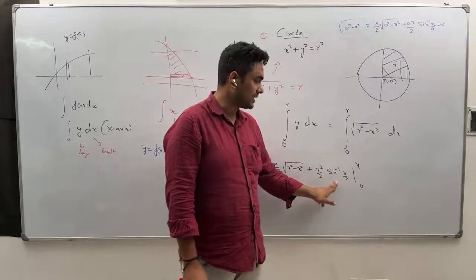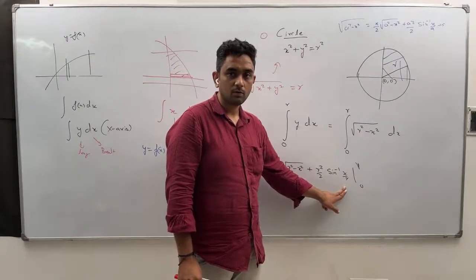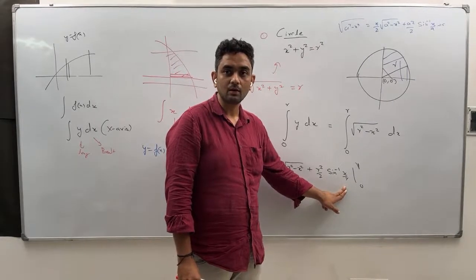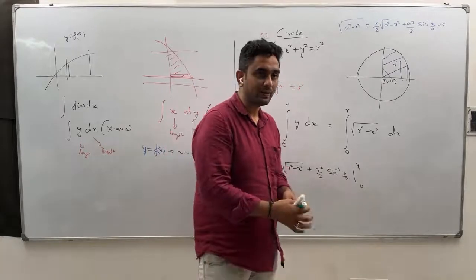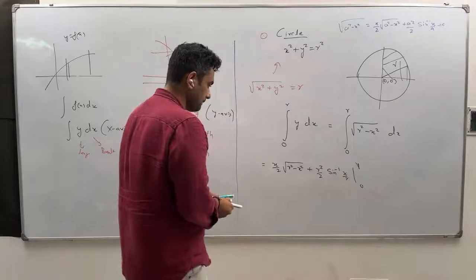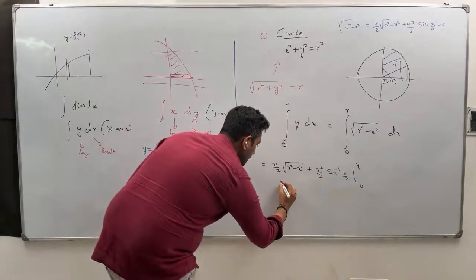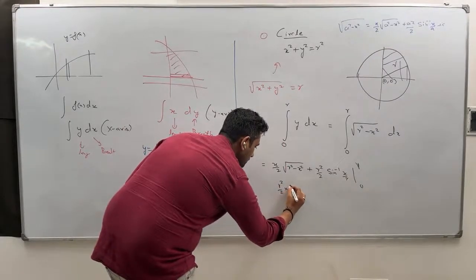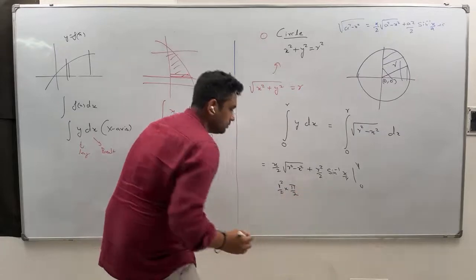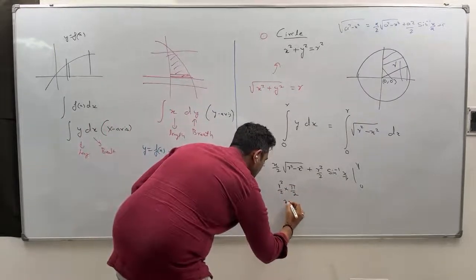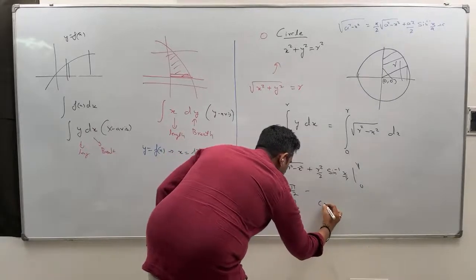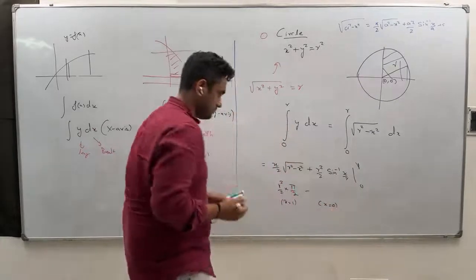This will be r square by 2 into sine inverse 1. Sine inverse 1 is pi by 2, because sine pi by 2 is 1. So putting x equal to 1, what we are getting? R square by 2 into pi by 2. This is what we got when we put x equal to 1, minus when we put x equal to 0.